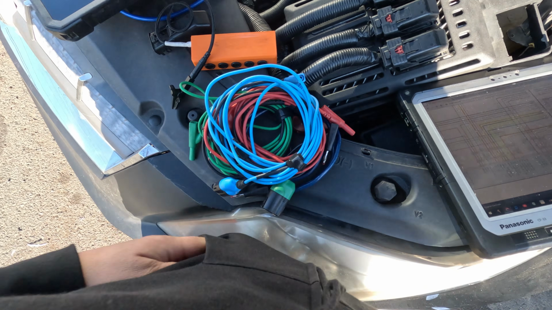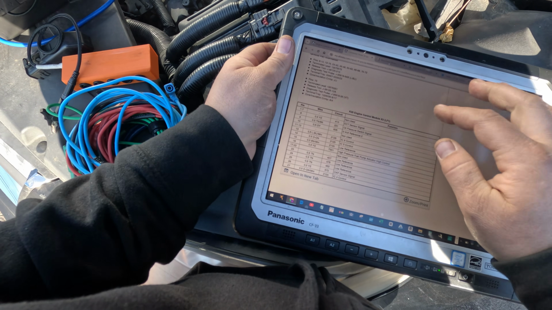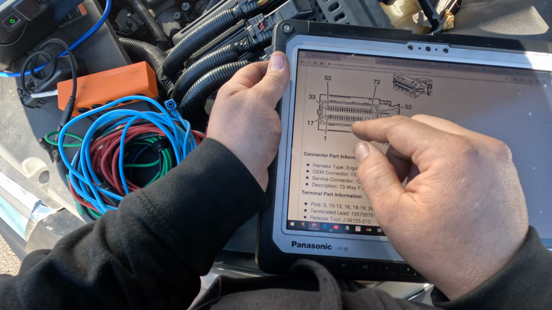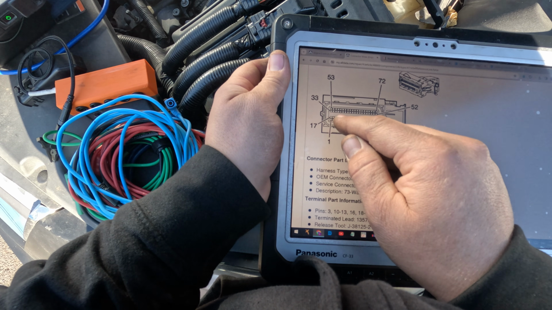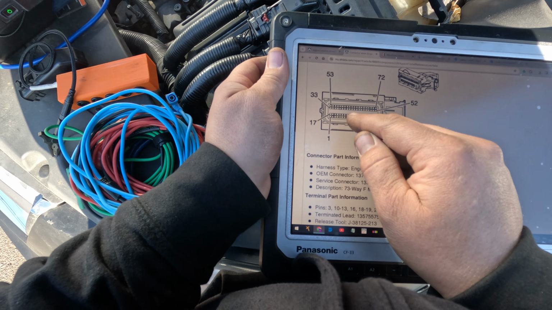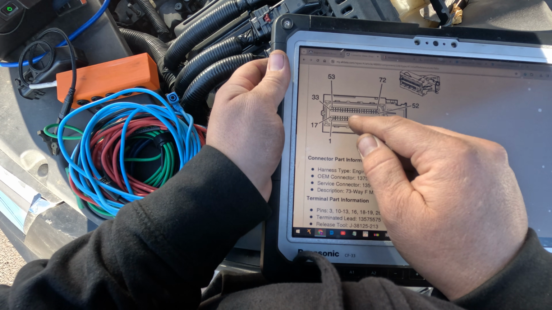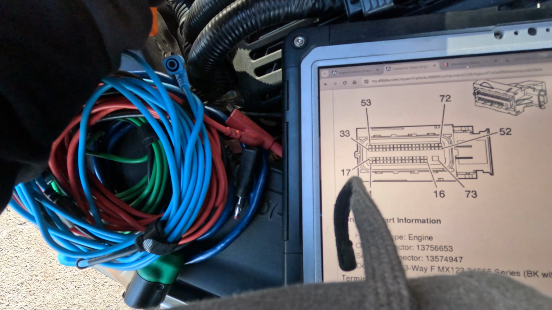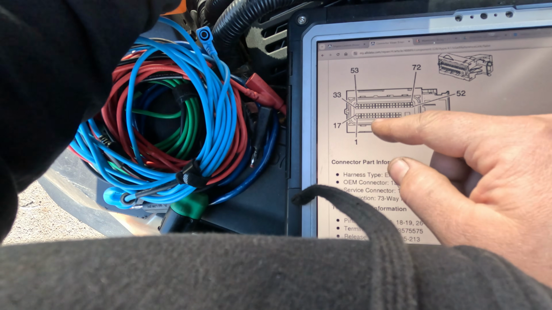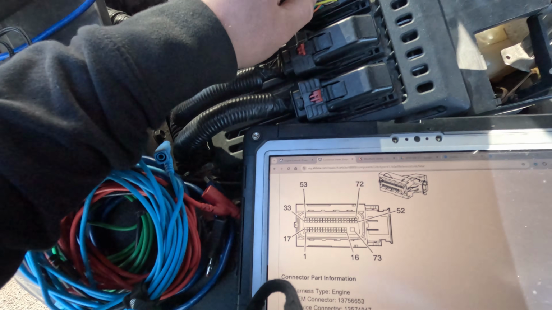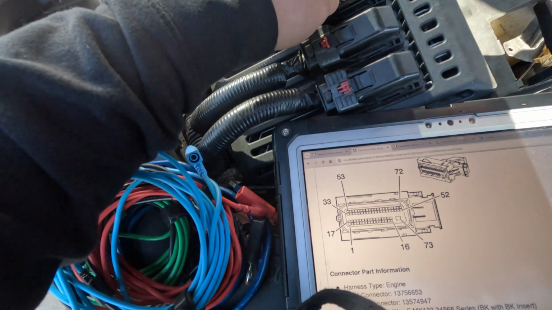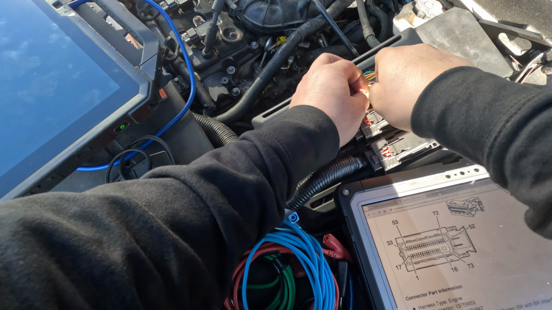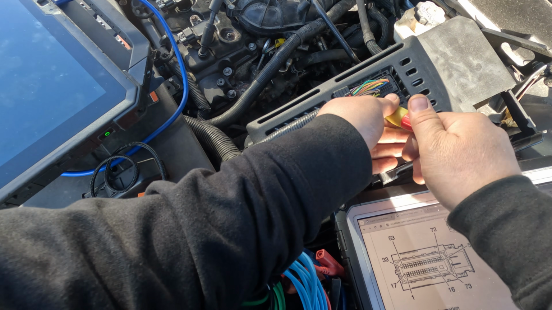Pin 26. Okay, so now let's go to connector views. Okay, so pin 26 is 17, 18, 19, 20, 21, 22, 23, 24, 25, 26. Must be this one. Oh, no, it's the second row. Okay, so it's this one right here. This I'm going to tap in. Okay, that's going to be the crankshaft sensor.